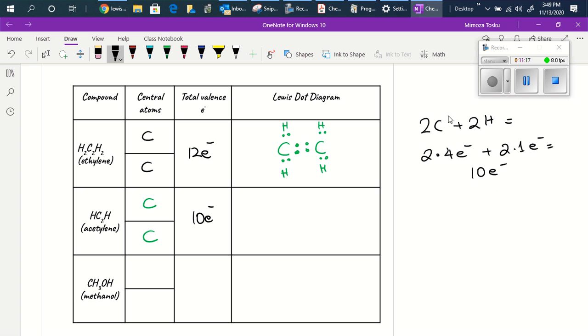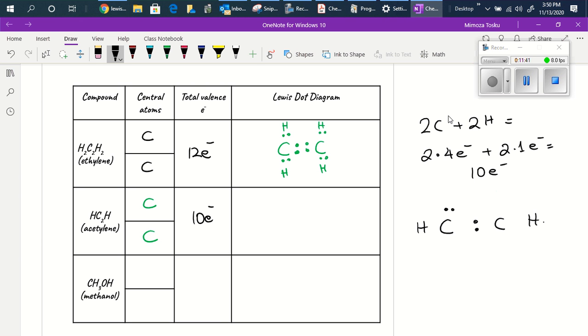Now let's start drawing the Lewis dot diagram. So we'll have 2 carbons that are connected to each other, and then 1 hydrogen on one side and 1 hydrogen on the other side. Now let's complete the outer shell of each of those central atoms with 8 electrons.